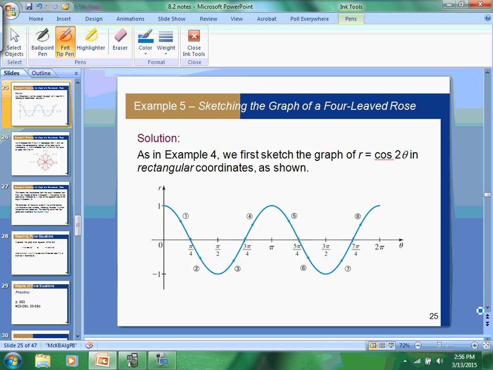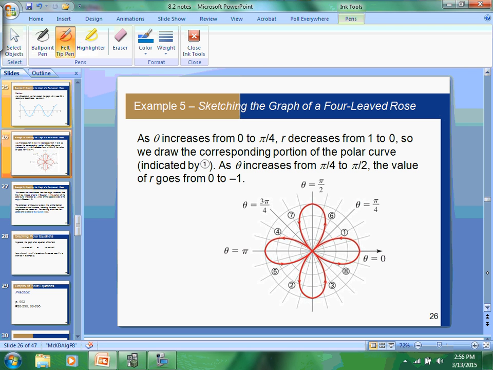Now again, your book is going to want you to graph the cosine curve. You don't have to do that. This is just another way to think of those table of values. And they've numbered them in terms of how you connect them together. So I think you can look that over. If that explanation makes a little bit more sense, feel free.